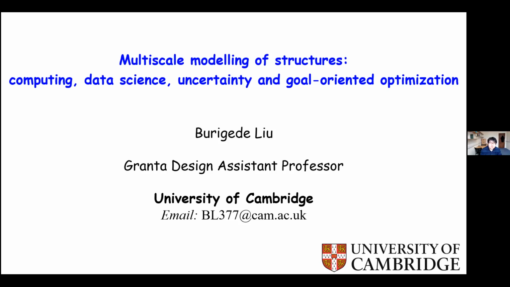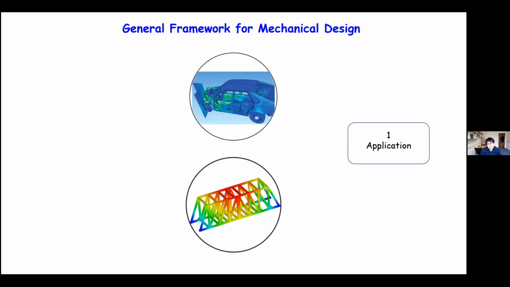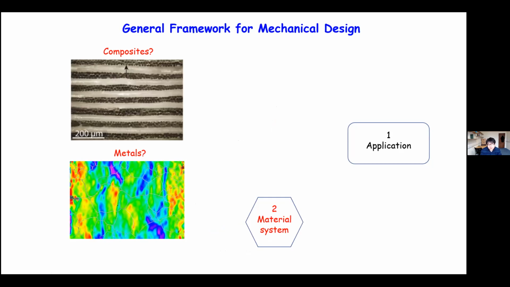All right. So I'd like to start with a description of how a general mechanical engineer will work, right? So normally a mechanical engineer, when trying to design something, will be given an application, be it to design a bridge frame or design a car body or whatsoever. We will start by thinking about what is the potential material that we can use to achieve our goals, right?